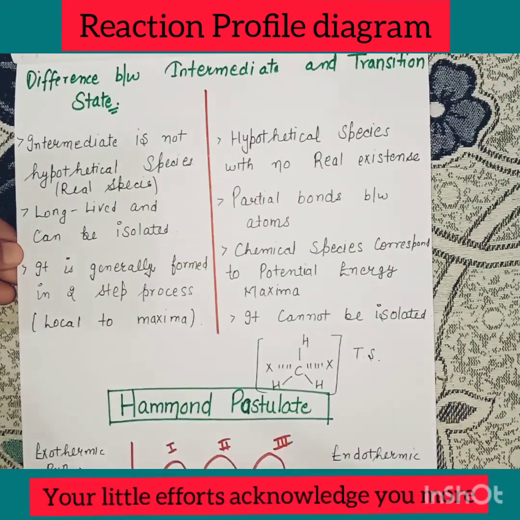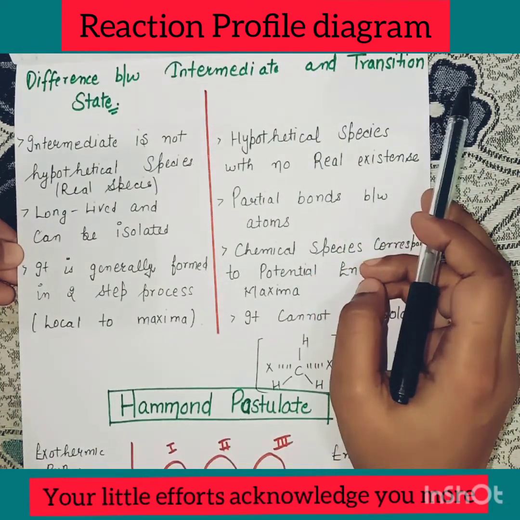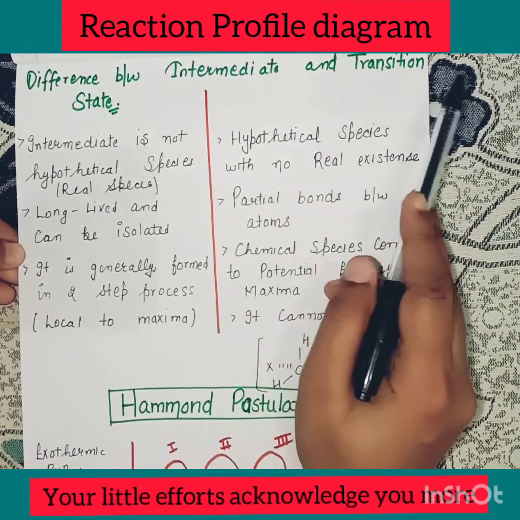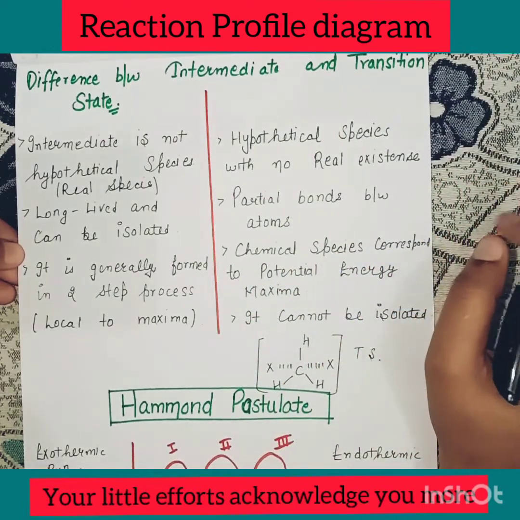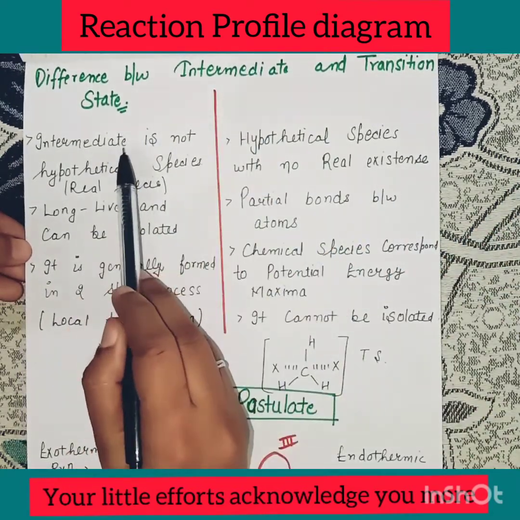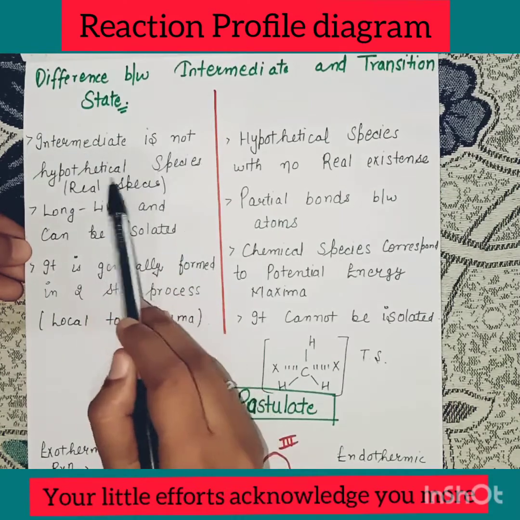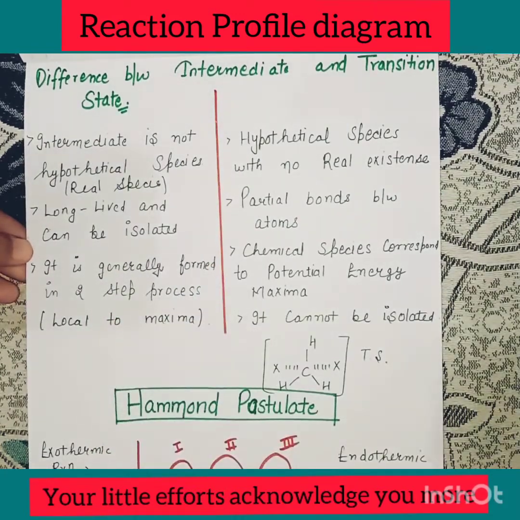Now one more important thing, that what is the difference between intermediate and transition state, because both these species occur between reactant and product. So what are the major differences between these two? So first of all, we are talking about intermediate. Intermediate is not a hypothetical species. So guys, it's not a hypothetical species, but it's a real species, as we have reactant and product.